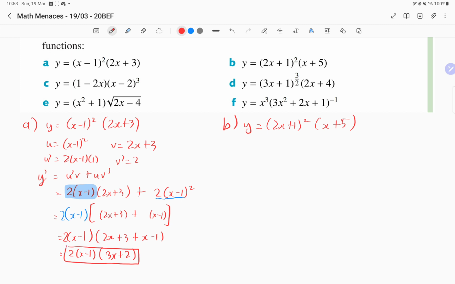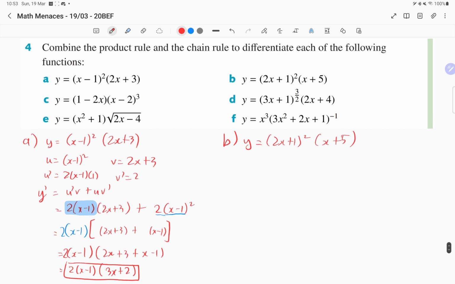Okay, as I said, question 4 is the one that you actually need to focus on practicing. Any questions, Sarah? Did you expand the square and put it back? On this step? Yeah.